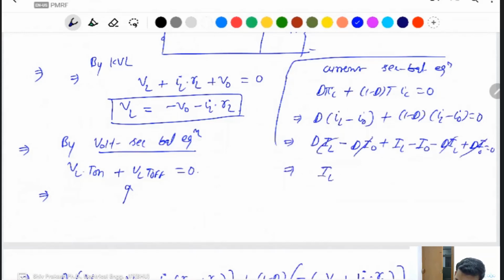IL is the same as Io, and Io will be the same as Vo by R in a buck converter.